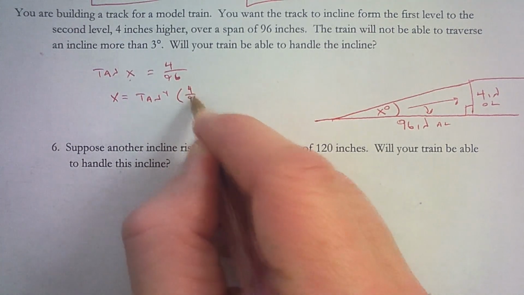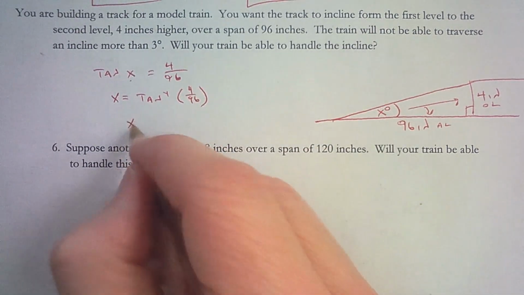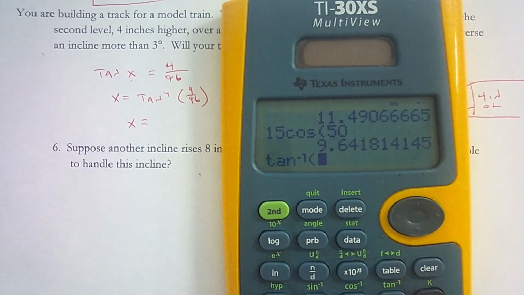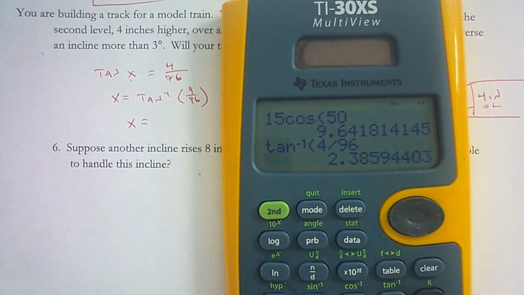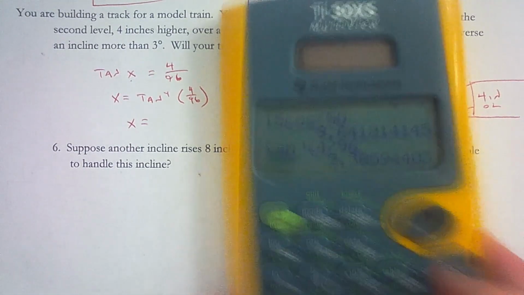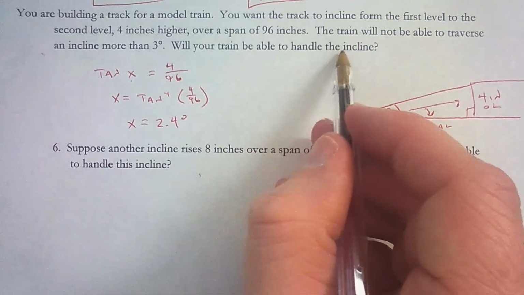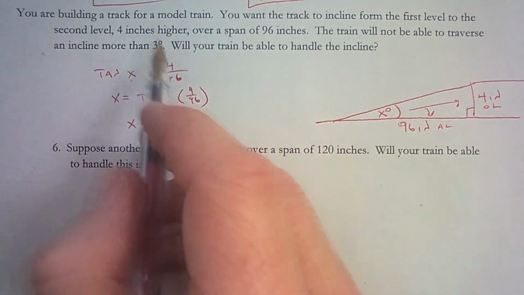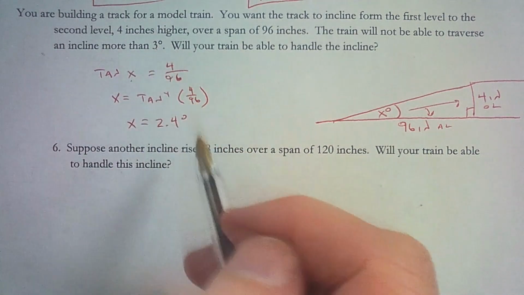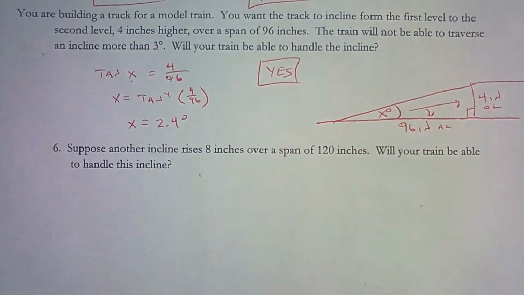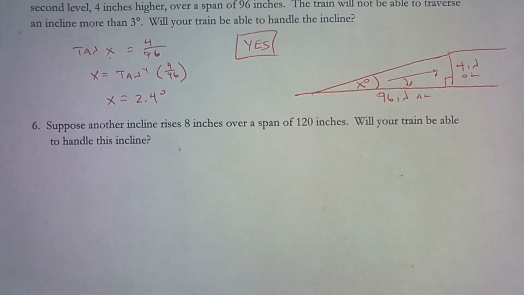Inverse tangent 4 over 96. So second tangent, 4 over 96 is 2.4. So we have 2.4 degrees. Will your train be able to handle this incline? 3 degrees is the maximum. We are below 3 degrees, so the answer is yes.